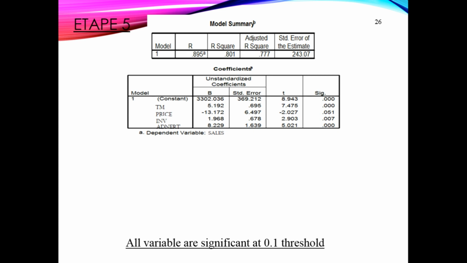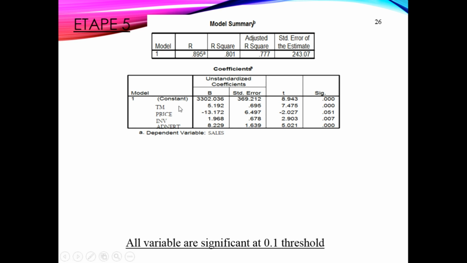Now that all our variables are significant at the 10% threshold, we can make an interpretation of our model using the coefficients of the estimation, the standardized coefficients of our model.